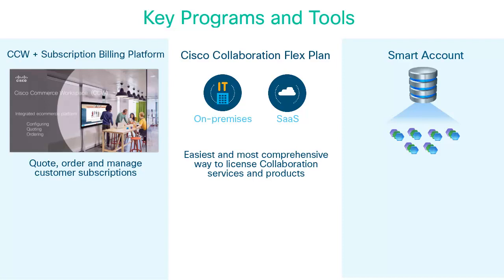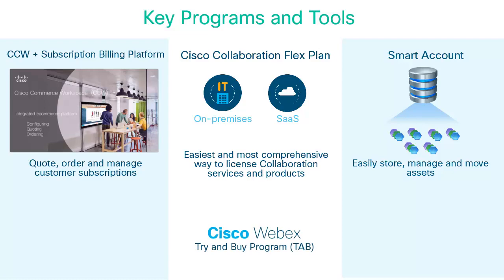With Smart Accounts, partners and customers have full visibility and access control to all Cisco software licenses across the customer's company. Easily store, manage, and move assets from one virtual account to another. And to help you accelerate your Webex business and demonstrate industry-leading devices such as video endpoints and IP phones, partners have access to the Webex Try and Buy program.